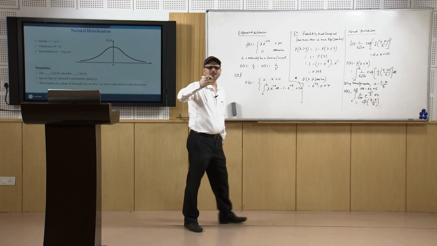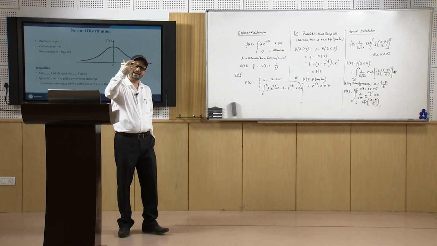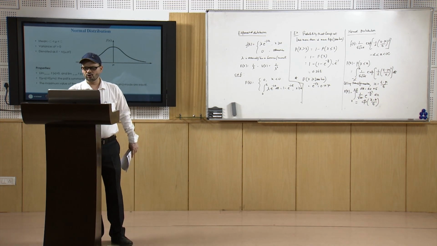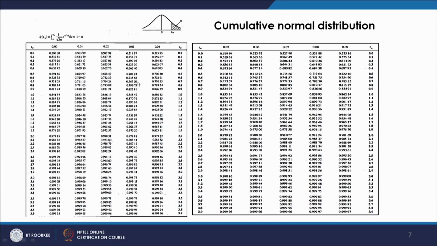So, depending upon the value of z, you can directly find the cumulative probability value. This is the table which talks about it: the z value at any point will be (x minus mu) by sigma. Based on that, you can find these cumulative probability values.